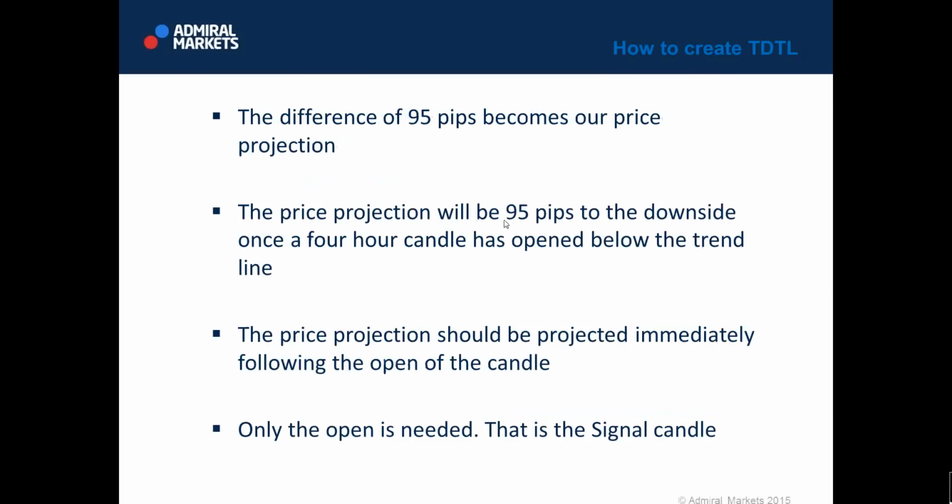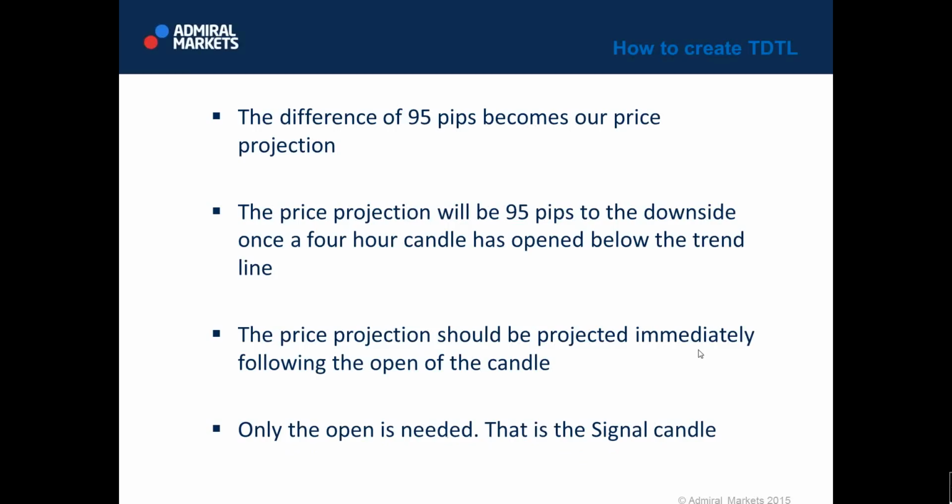Okay, so the price projection will be 95 pips to the downside once a 4-hour candle has opened below the trend line. The price projection should be projected immediately following the open of the candle. So only the open is needed. That is called the signal candle, guys.